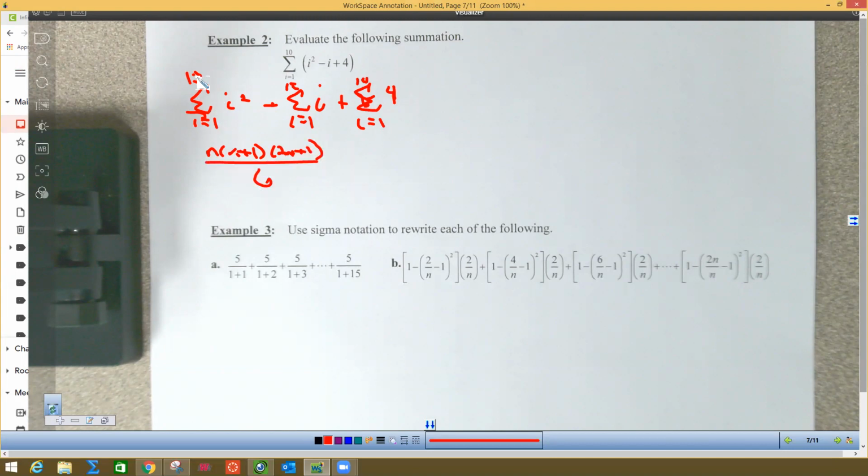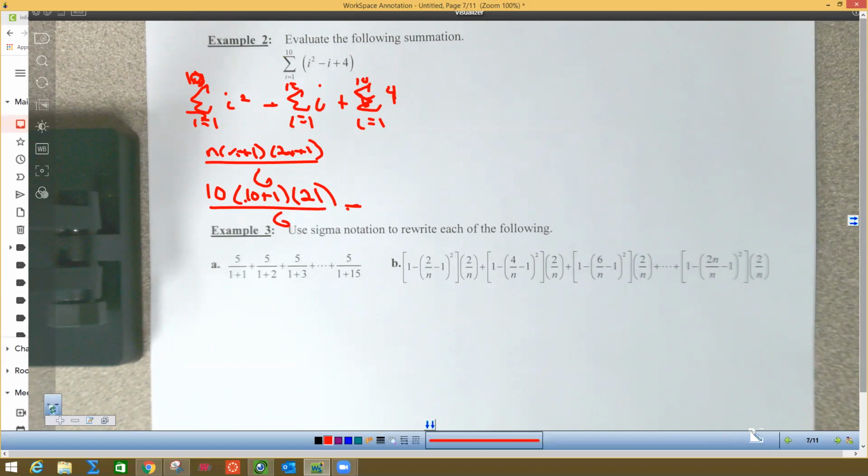If I take that n, which is this 10 up here, and plug that into these n's, this part will be 10 times 10 plus 1 times 2 times 10 plus 1 all over 6, and then minus.